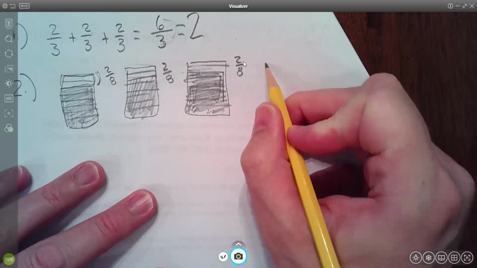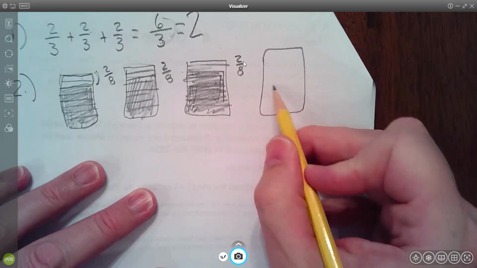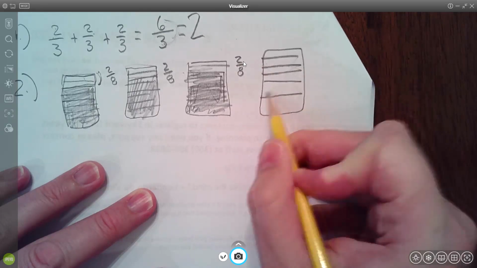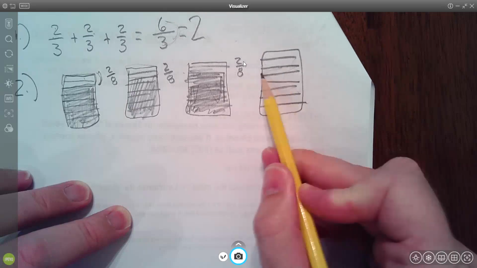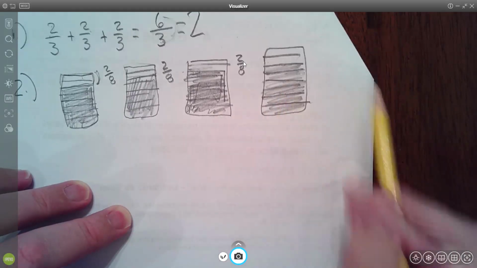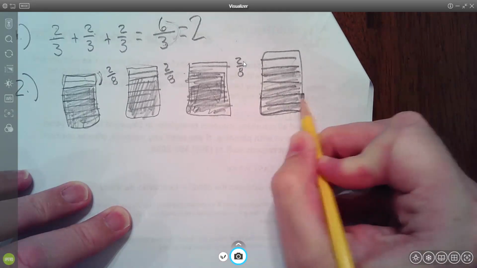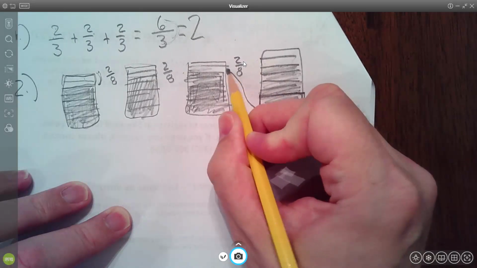And now if he buys one more bag, what he can do with this bag that is 6/8 full again, right? Now we can start taking, let's say, this 2/8s right here and fill up the rest of this bag.